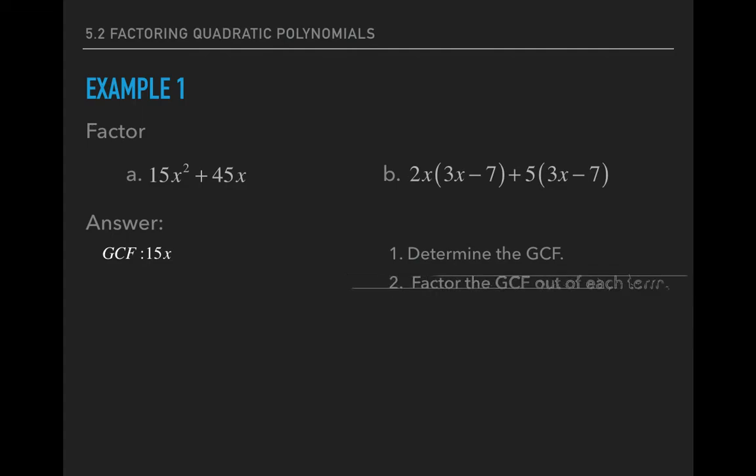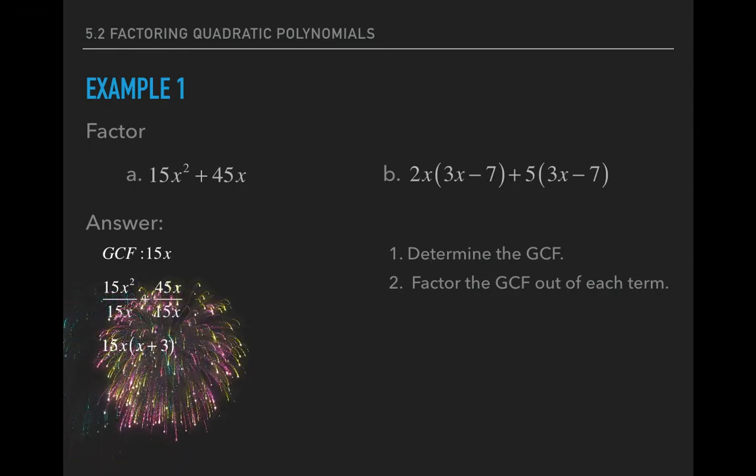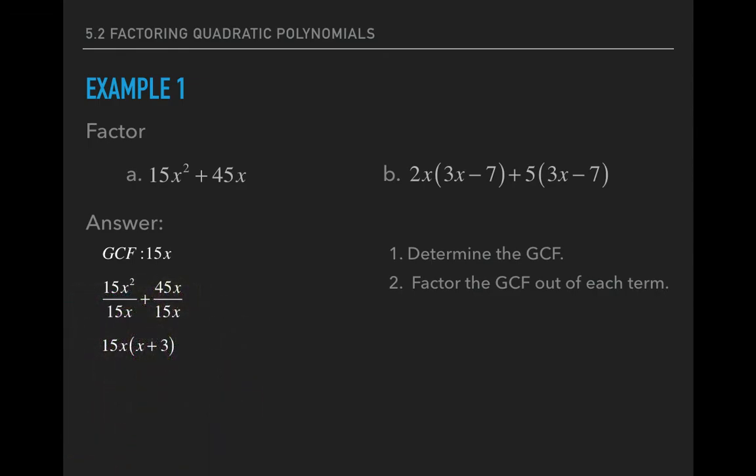And if you would factor that out, if you would divide that out, essentially dividing each term by that GCF and pulling it out, you would have 15x. And all that would remain inside would be x plus 3. So you're essentially pulling that out. You're undoing the distribution.